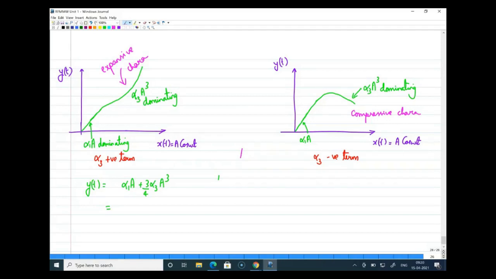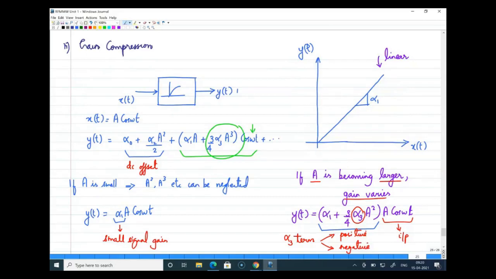So I am looking at the fundamental gain. Just to summarize here, I'm looking at a nonlinear system, looking only at the gain of the fundamental term. If your input amplitude is very small, your fundamental term will have a coefficient of fundamental gain which is alpha 1 into a, and that is giving you a linear response, what you can see in the graph here.